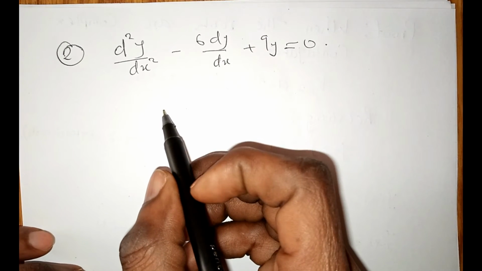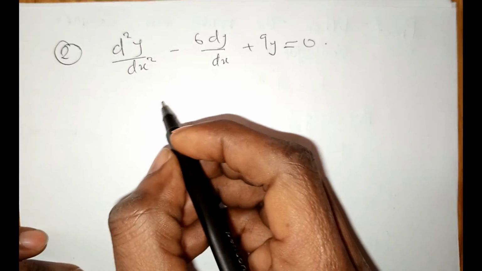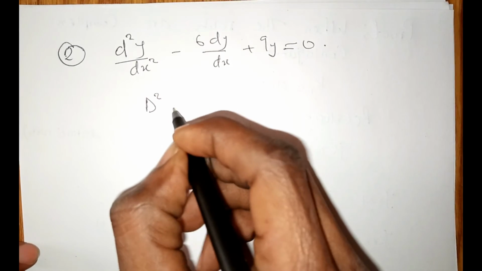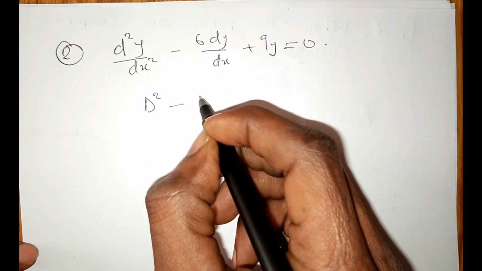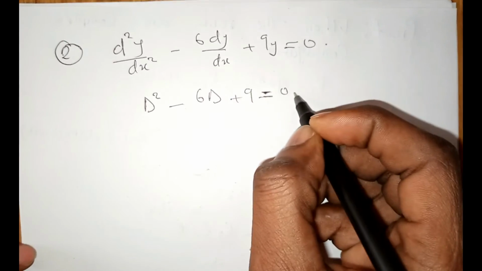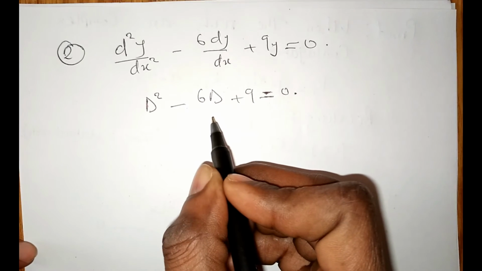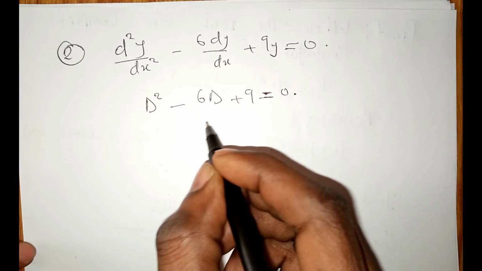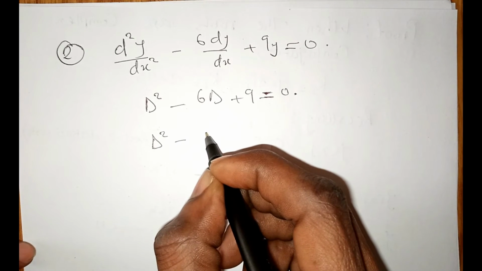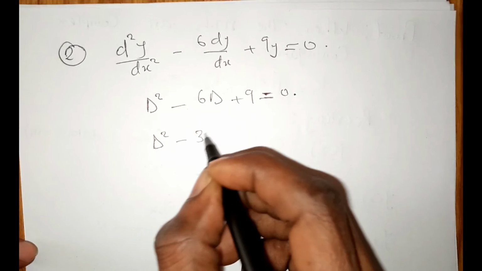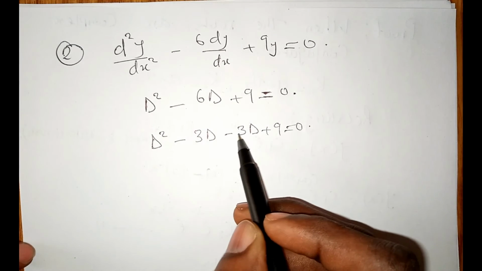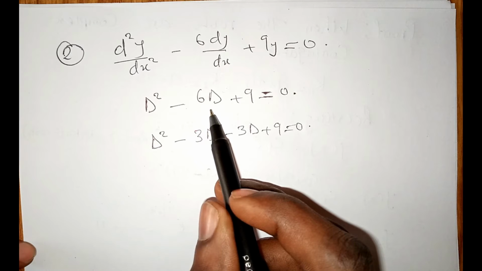So this is the second example, and it is for real and equal roots or repeated roots. So from here we can just directly write this as D squared minus 6D plus 9 equals 0 if we follow the same procedure we did in the first example. And then the roots of this equation: we have minus 3D minus 3D plus 9 equals 0, because minus 3 times minus 3 is plus 9, and minus 3 minus 3 is minus 6.